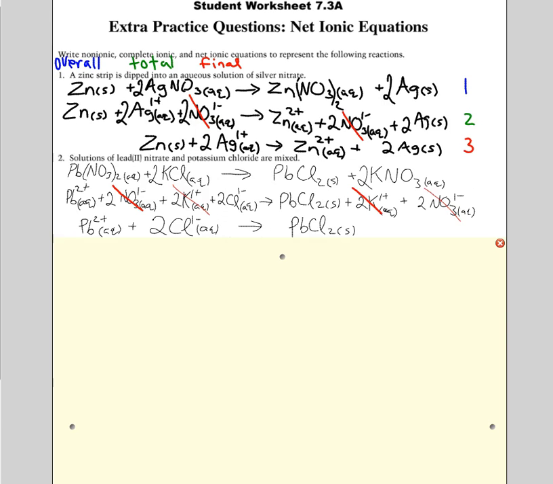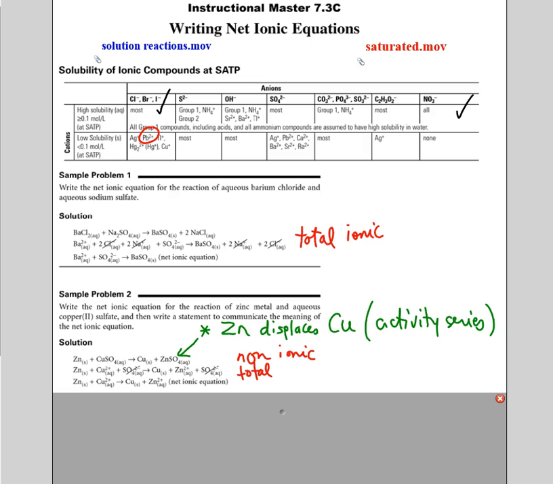In this reaction, this is a double displacement reaction, and both reactants are highly soluble. We can confirm that with the solubility chart. We have nitrates and chlorides. If we go back to the solubility chart, we find that most chlorides are soluble. All nitrates are soluble.